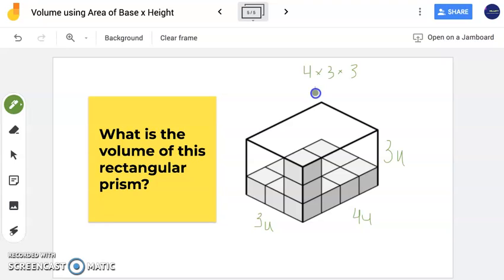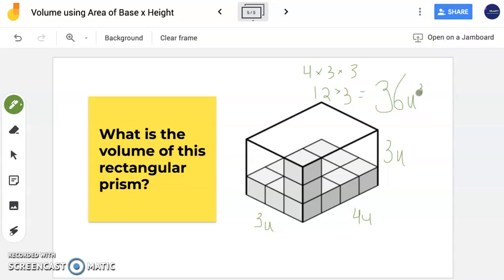So here 4 times 3, the area of my base is 12 times my height of 3, which is going to give me 36 units cubed or cubic units as the volume of my rectangular prism.